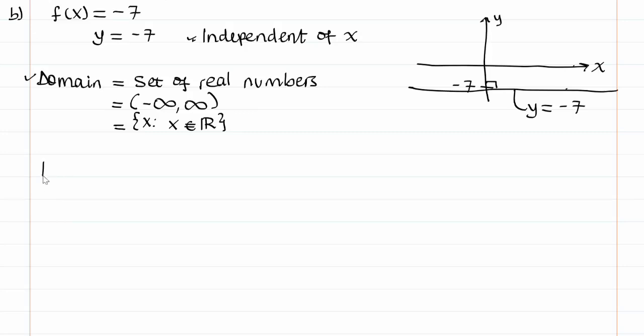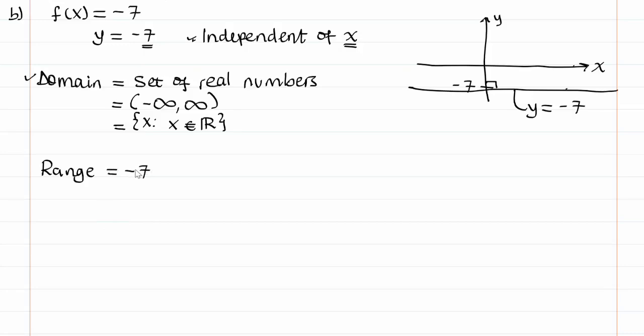What about the range? We have said that the range is a set of the values of y. So if the given function is independent of x, it implies that y is a fixed value, -7. So our range is -7.